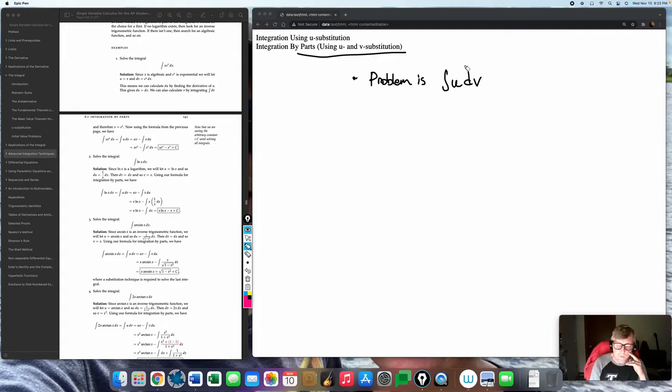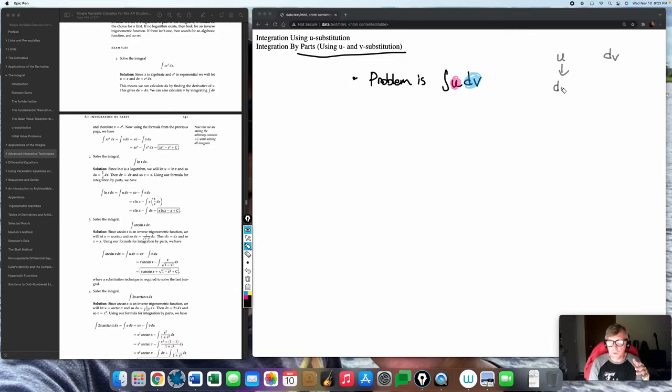Which part of your integral is u? You also need to know which part of your integral is dv. The u part is either a log, an inverse trig, an algebraic, a trig, or an exponential, in that order. Once you find u, you know what dv is.